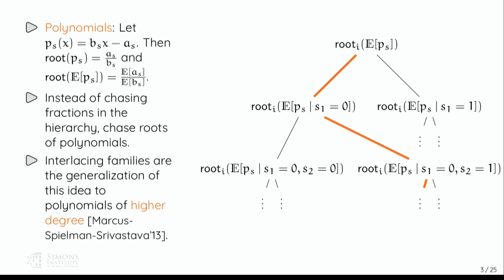So the method of interlacing families is a generalization of this whole idea to polynomials of higher degree. If you have a bunch of polynomials and you're taking their expectations, as long as some conditions are satisfied, you can again chase down the tree and find an element in the leaves whose roots are bounded by the roots at the top.